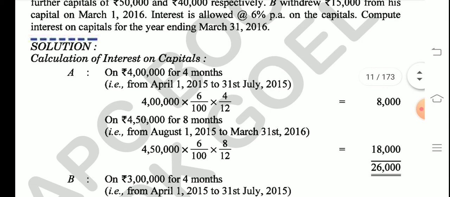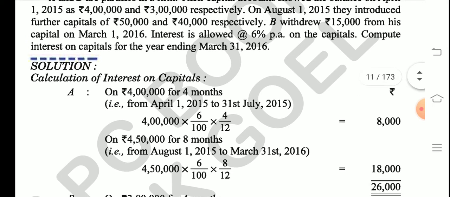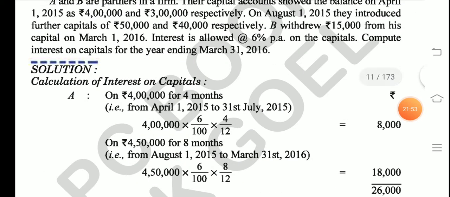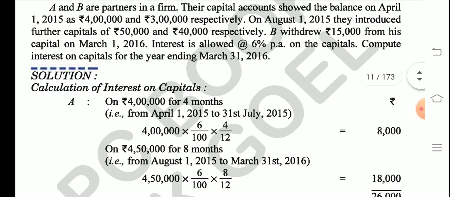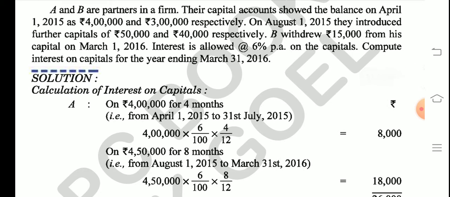So A's capital for the next 8 months remains 4 lakh 50,000. But B has withdrawn 15,000 from his capital. Earlier B's capital was 3 lakh. Now he has introduced 40,000 more, so his new capital is 3 lakh 40,000. But by the end of the year he has withdrawn 15,000, right? So we are going to subtract 15,000 from 3 lakh 40,000.